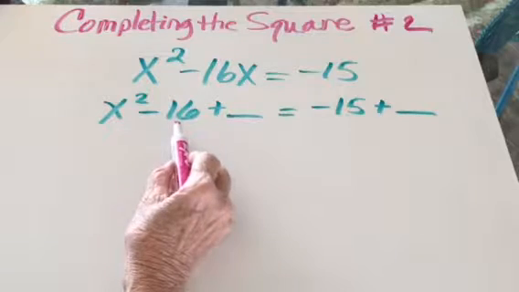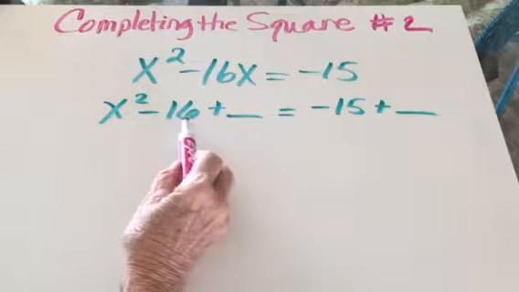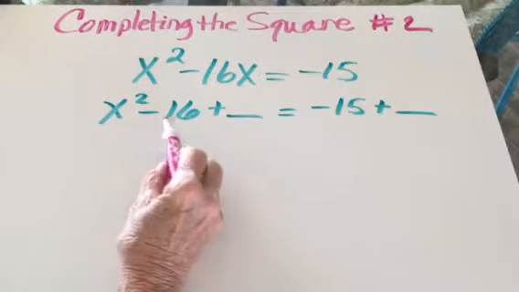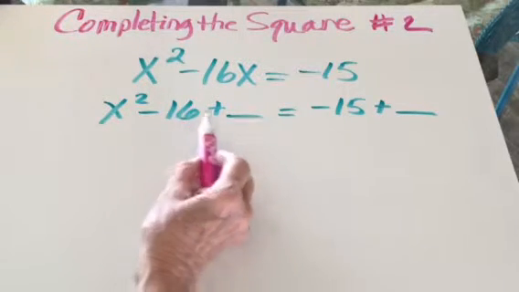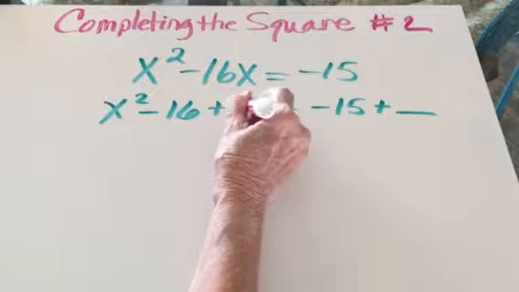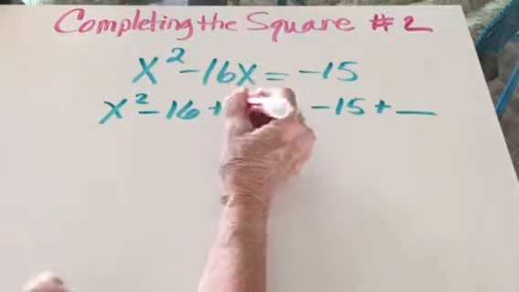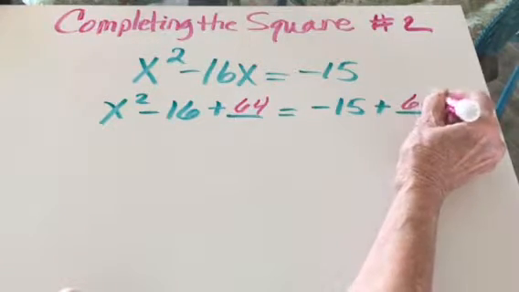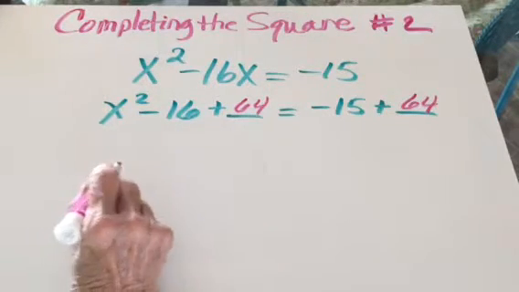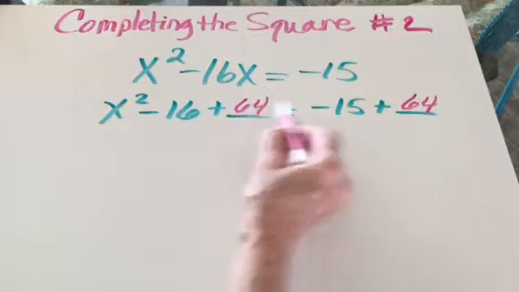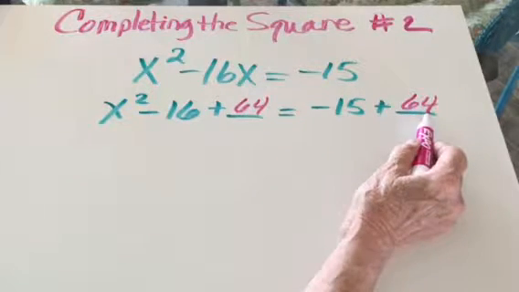Now, what is half of negative 16? Well, that's negative 8. What is negative 8 times negative 8? It's positive 64. By the way, guys, it's always going to be positive because when you square something, even if it's negative, it turns it positive. All right, so now I've added 64 to both sides of the equation.